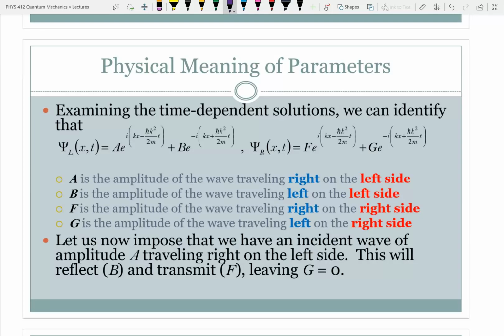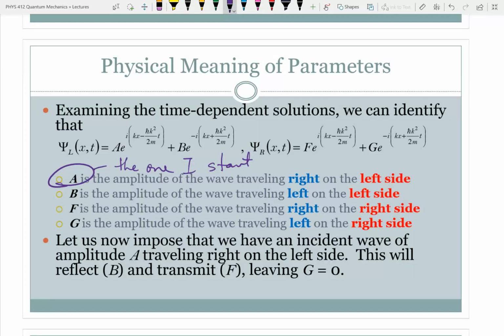And so in that case, and that's the exact case we're going to do, I would have two waves on the left-hand side. The one that I started coming in, and then the one that reflected back. So A is going to be the one I start. That's the one I control, right?